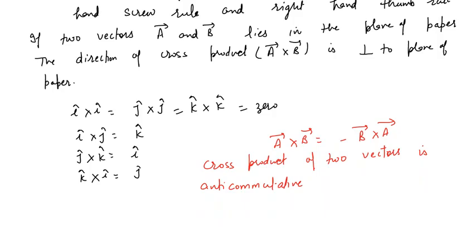And if we write J cross I, this is minus K. K cross J is minus I. I cross K is minus J.